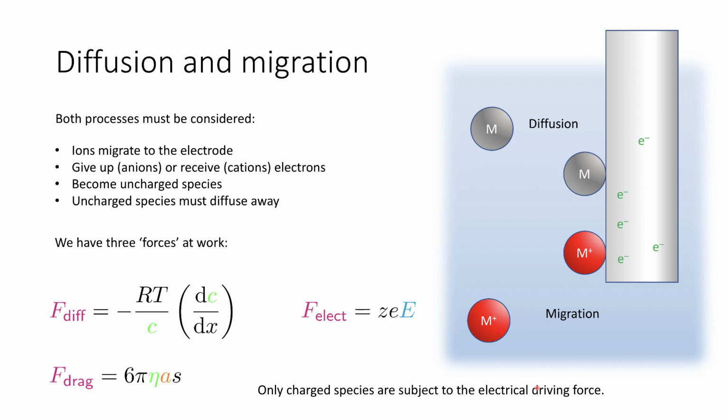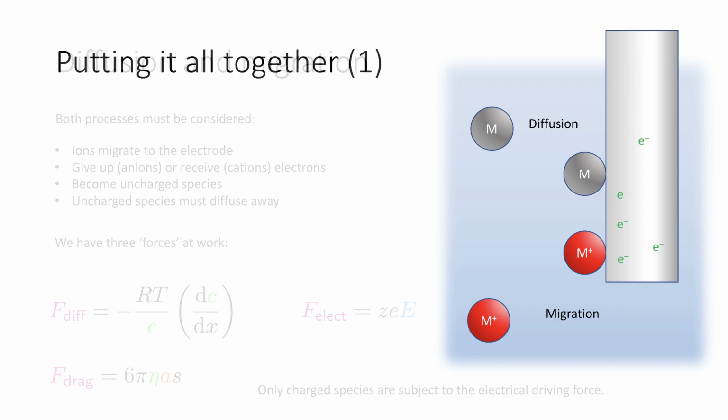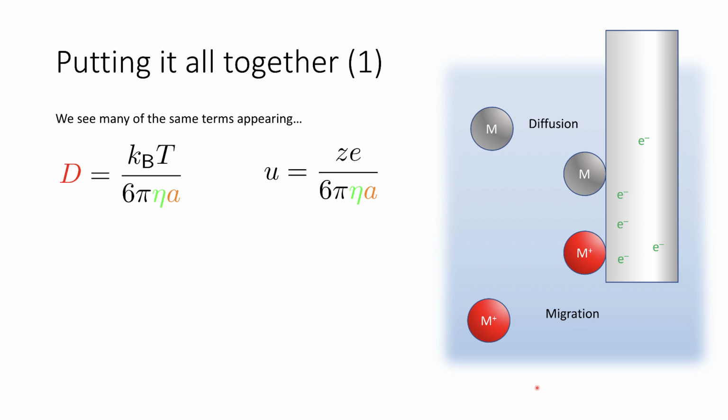Okay, we've covered a lot of concepts. Let's start putting them all together. We see many of the same terms appearing. So in our diffusion, we say that we've got a solvent factor and the thermal factor, but we also have our ionic mobility, which again has a solvent factor, but now we're looking at the charge on our ions. We've got a simple equality here, and we can rearrange these and substitute values in to express our ionic mobility in terms of diffusion.